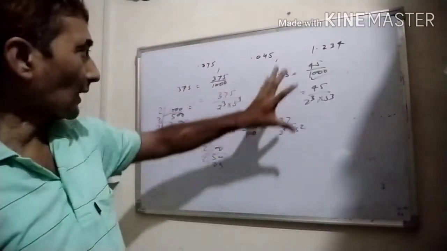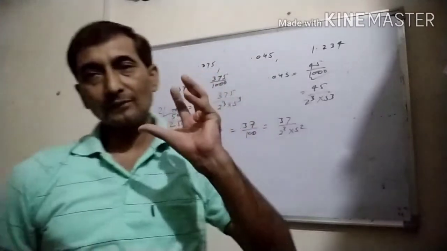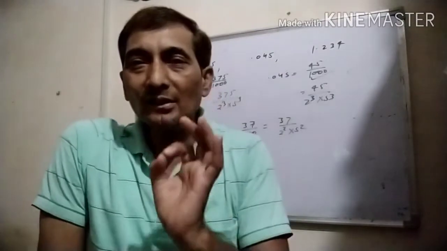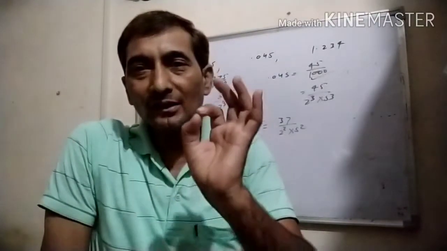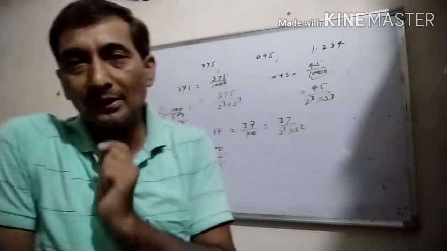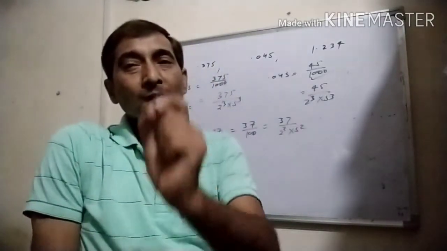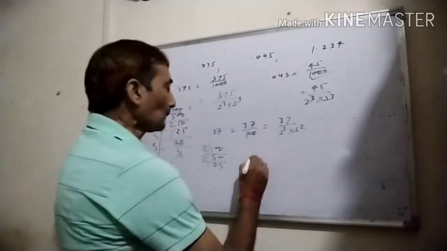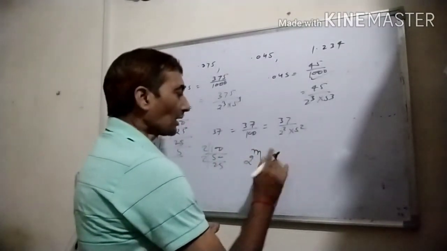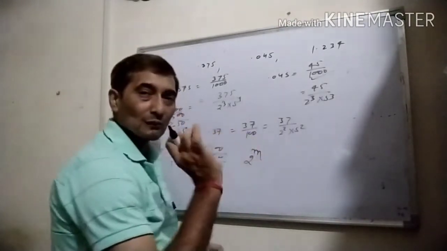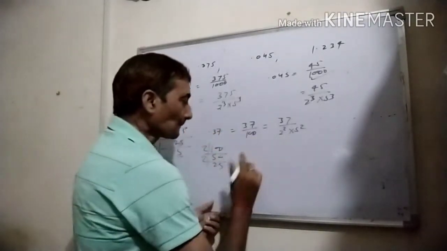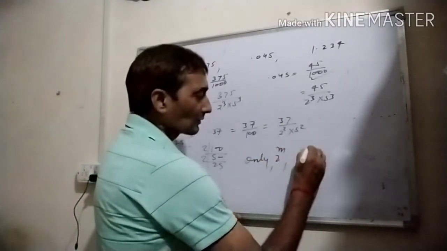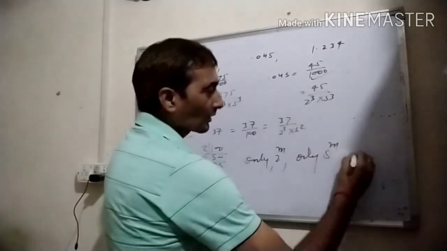The total mechanism of the quantity is that a terminating decimal expansion, when converted into the form of P upon Q, has Q that can be represented in the form of only 2 to the power m or only 5 to the power m or both.